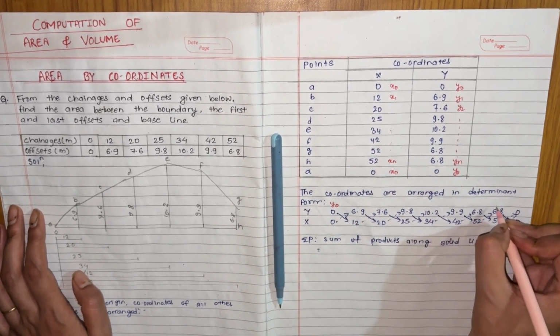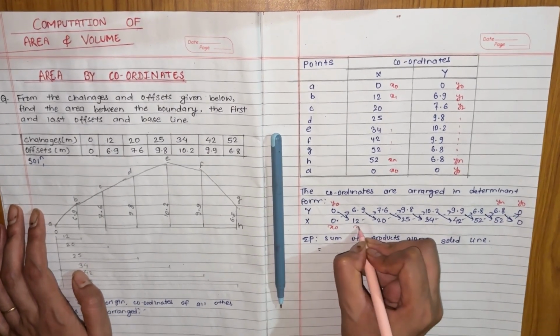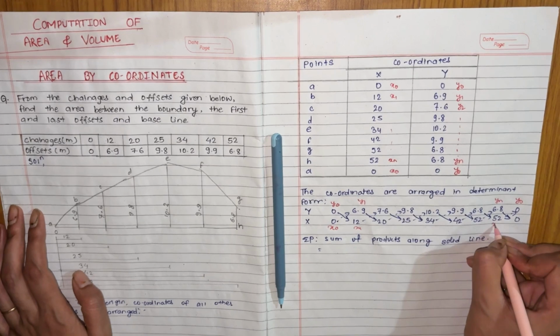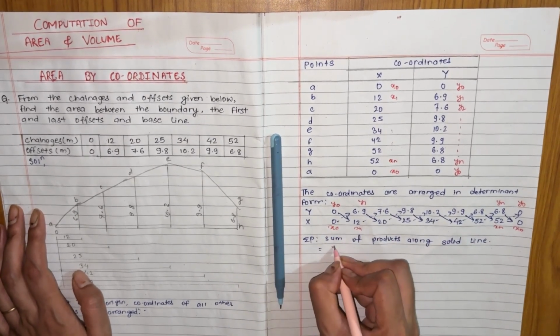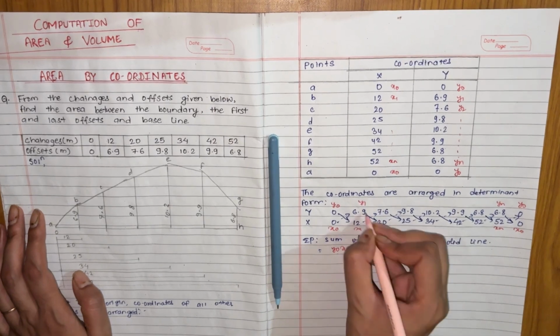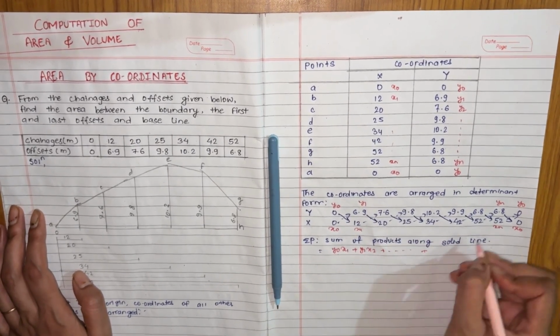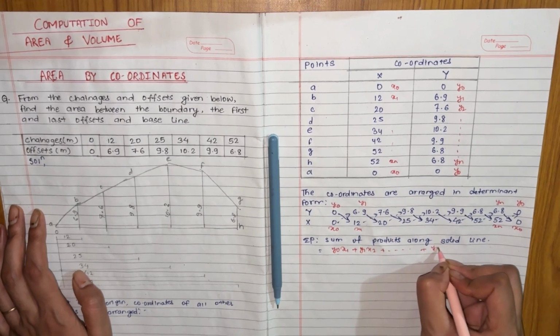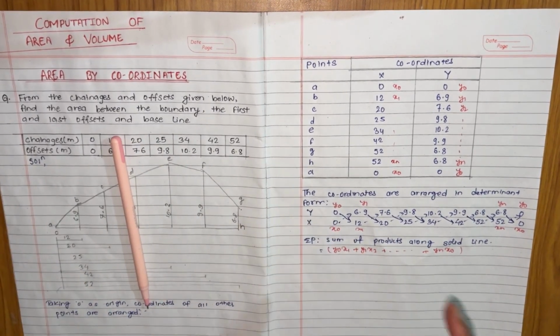So the sum of the products along the solid line are y naught x1 plus y1 x2 plus up to yn into x naught, which is 0.